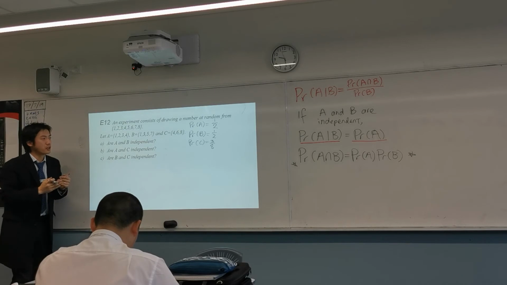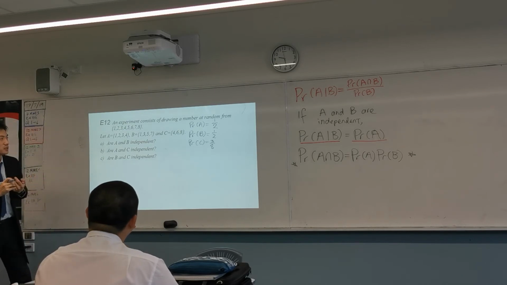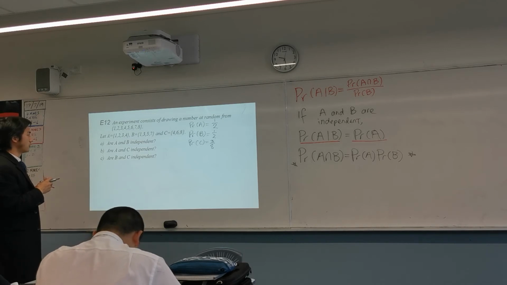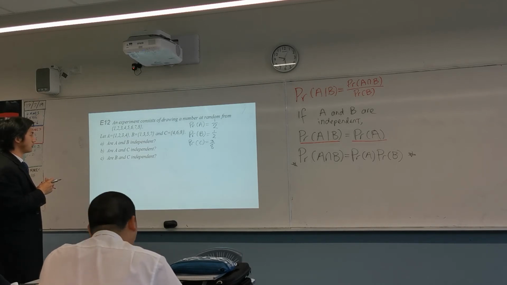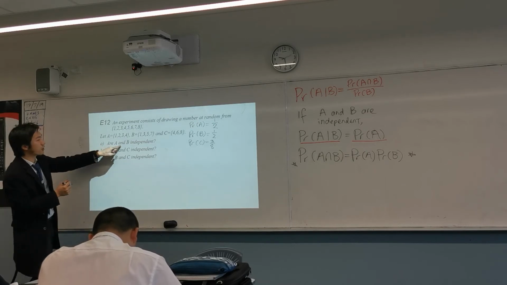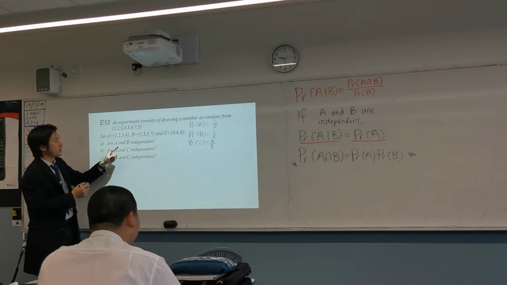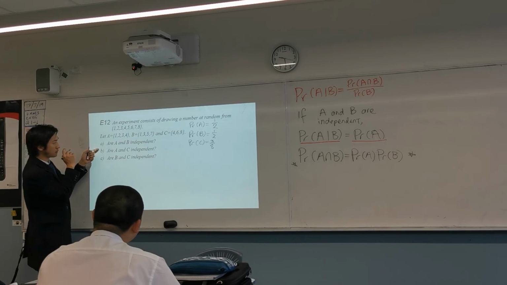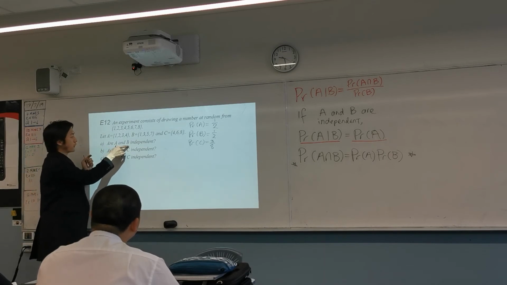All we've got to do to test whether they're independent is to multiply their probabilities and see if it equals the intersection. So that means we've also got to figure out the intersection.